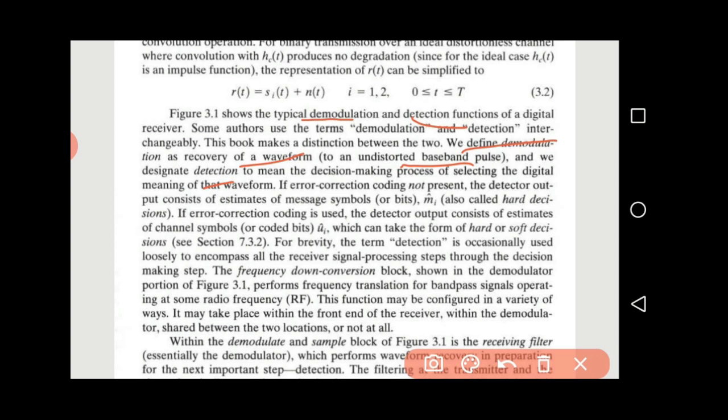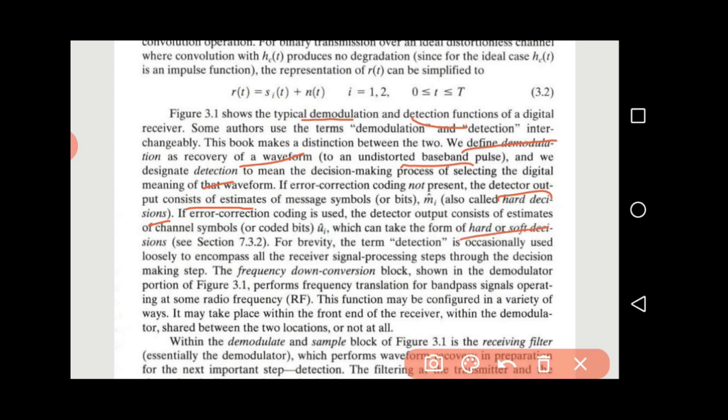If error correction coding is not present, the detector output consists of estimates of message symbols or bits, m-hat, also called hard decisions. If error correction coding is used, the detector output consists of estimates of channel symbols, u-hat, which can take the form of hard or soft decisions.